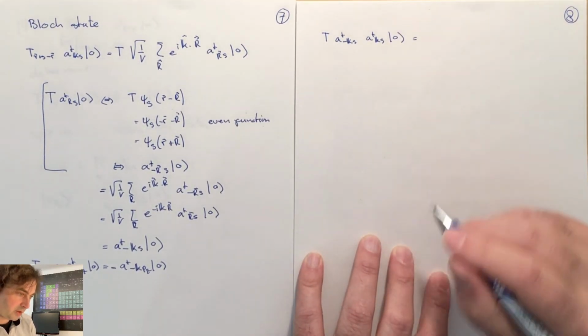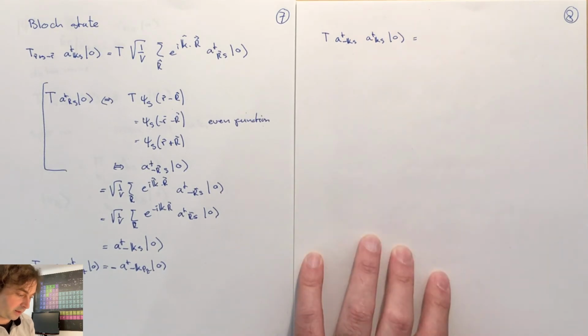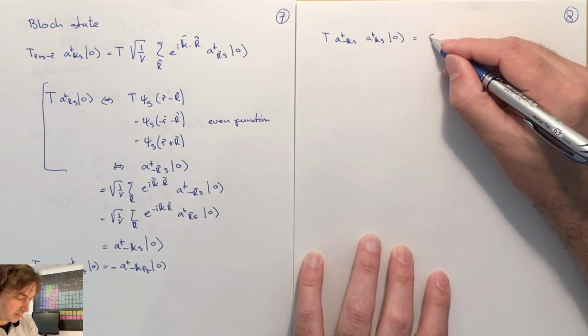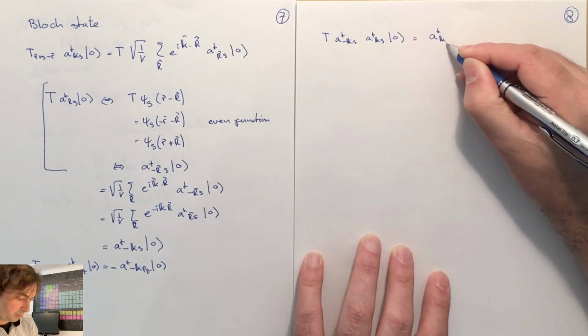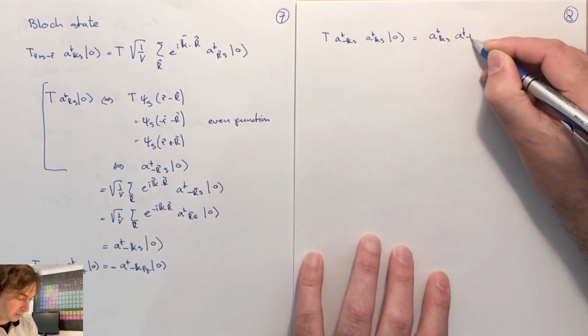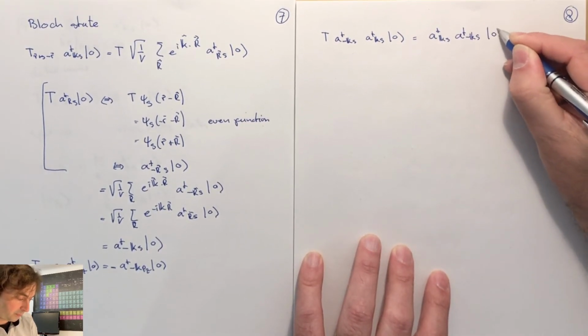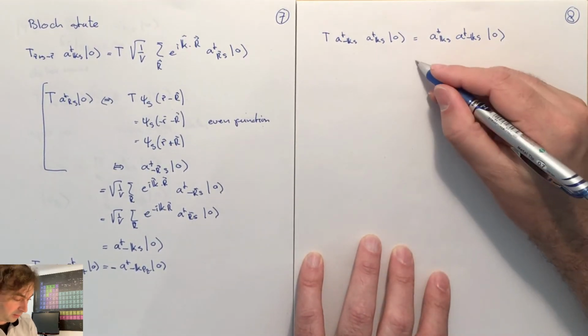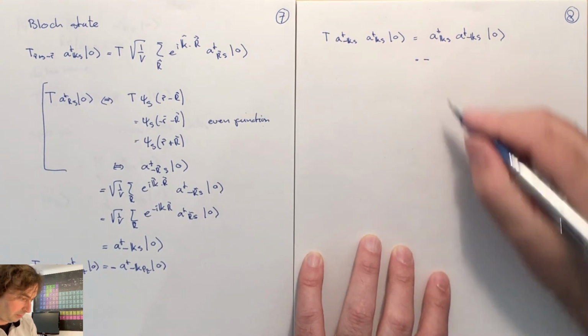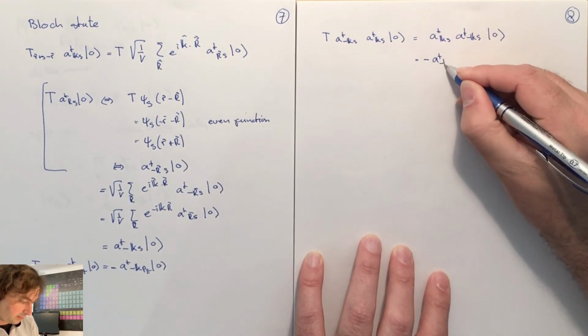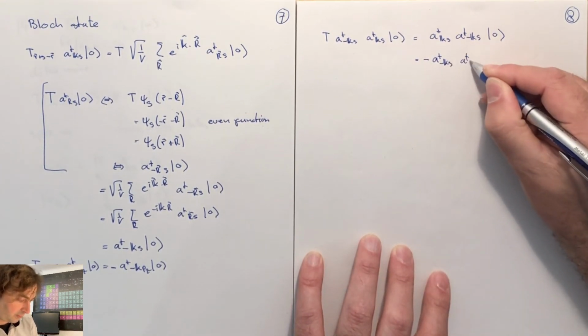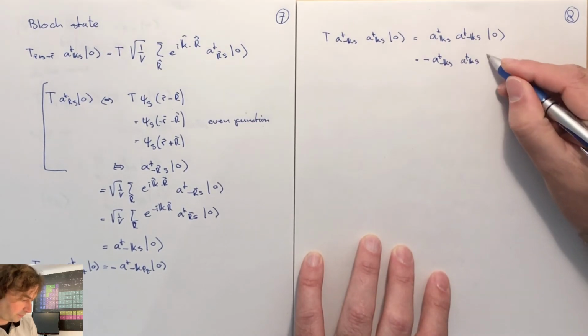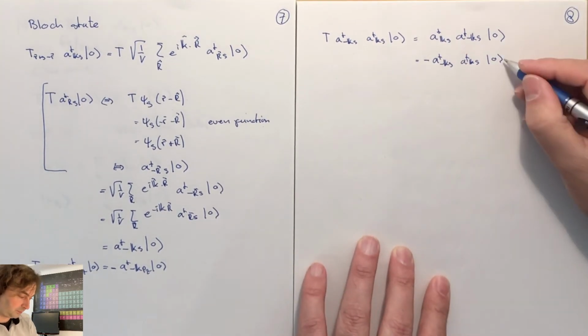If you do an inversion symmetry on that, then the state at k goes to minus k and the state at minus k to k. So this becomes a dagger k s, a dagger minus k s out of the vacuum. We now can commute our creation operators and that gives you a minus sign. A dagger minus k s, a dagger k s out of the vacuum.